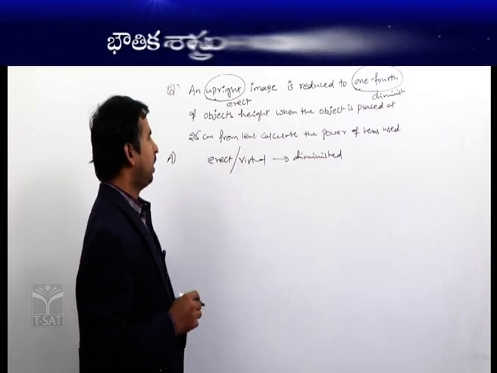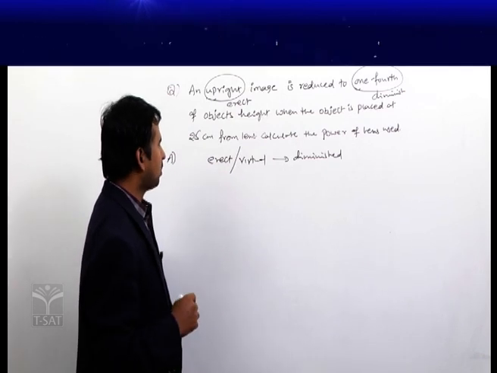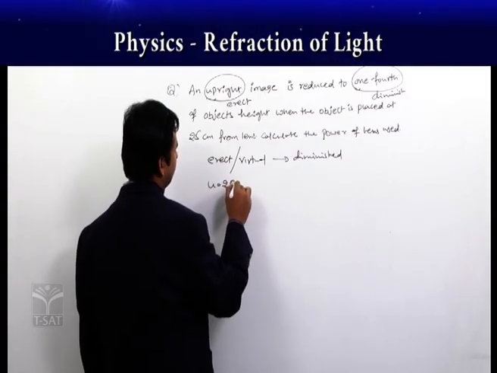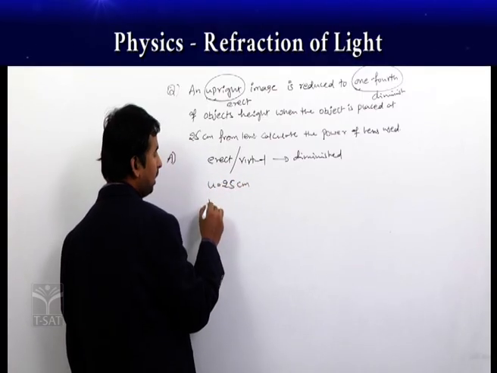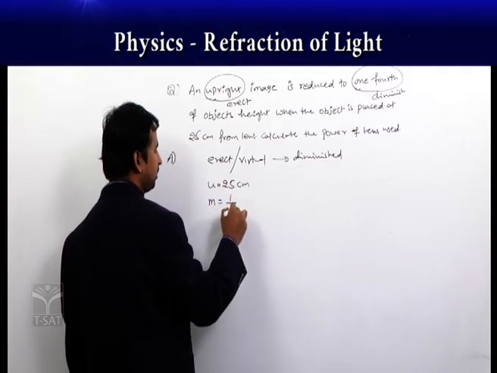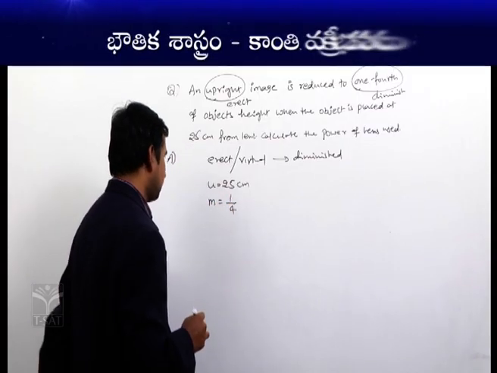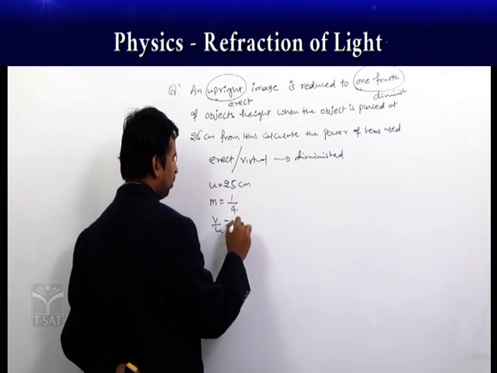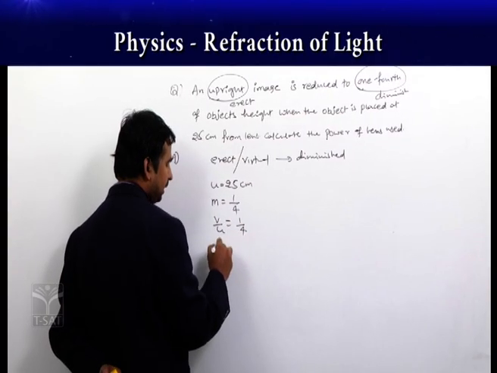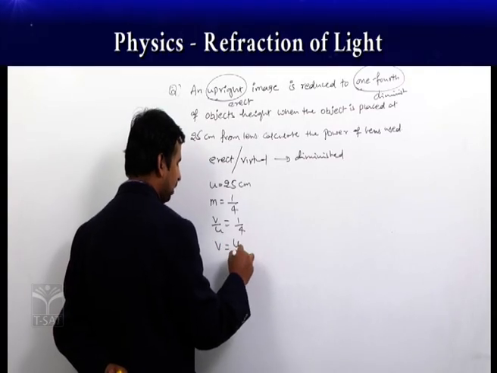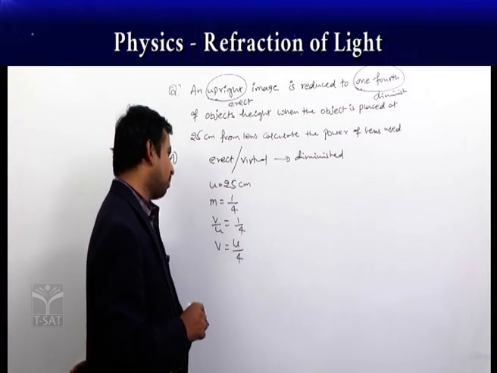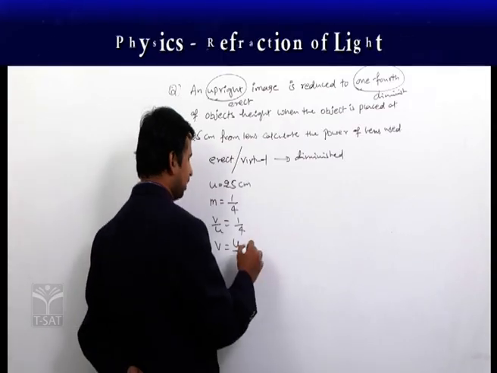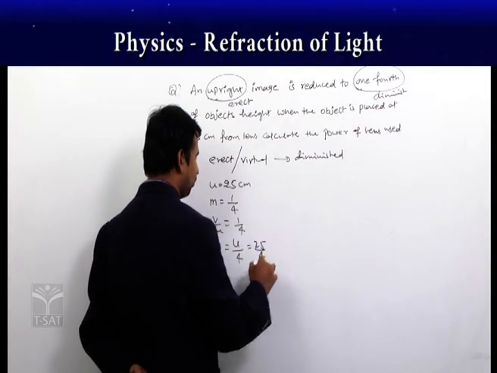Now, the object distance is given as 25 centimeters, and the magnification is given as 1/4. Then m is equal to v by u, which is equal to 1/4, then v is equal to u/4, which is 25/4.